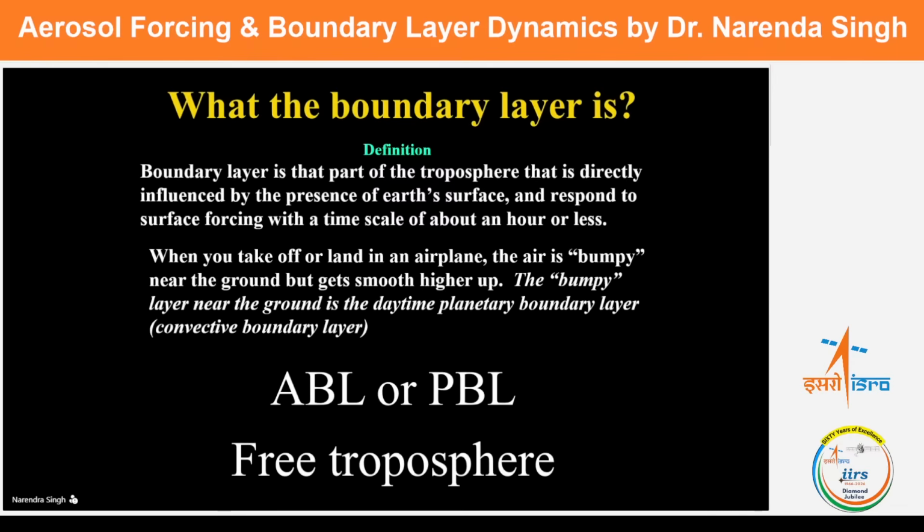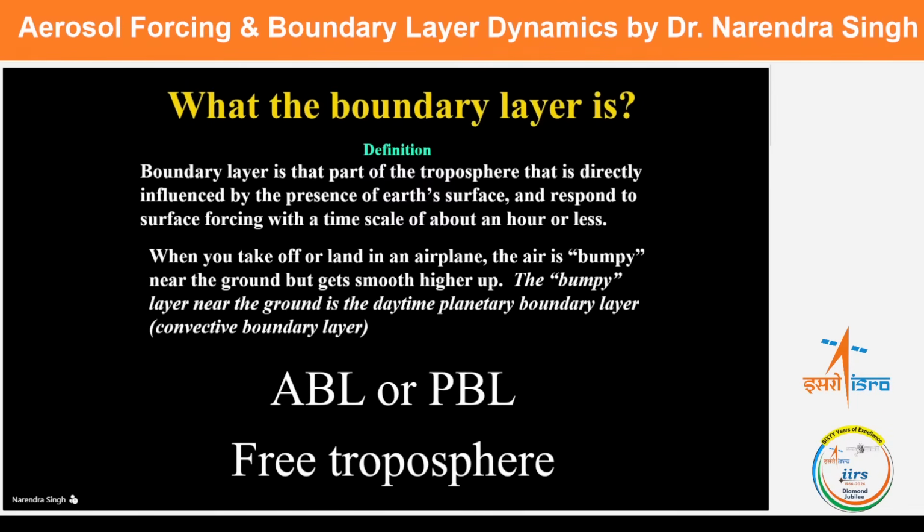So generally, when you read papers, you will see that in many places it is written free troposphere. Then again, it becomes a state of confusion for the students or the people, as to what free troposphere is. So this is the term, that's why I've written here. Free troposphere is just above the boundary layer, and the boundary layer may vary from one place to the other, from one region to the other, and from one season to the other.